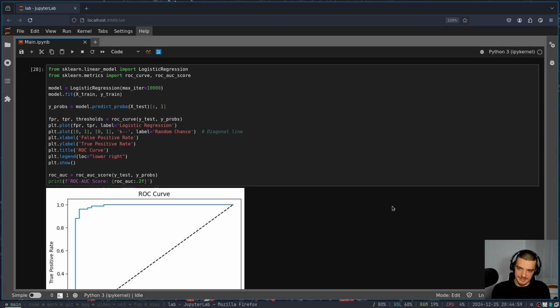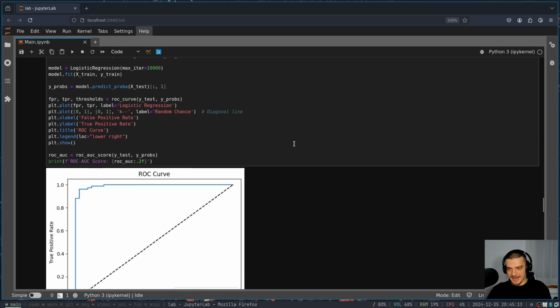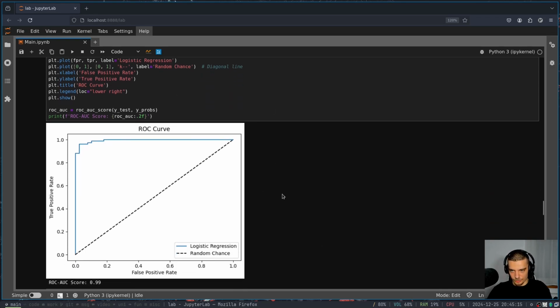Here's my probability that I can give to you. And we can adjust a threshold to say, okay, if there's at least this probability, I'm going to accept this as a positive. Otherwise, I'm going to accept this as a negative. And what we can see here in this ROC curve is the trade-off that happens when we adjust that threshold.